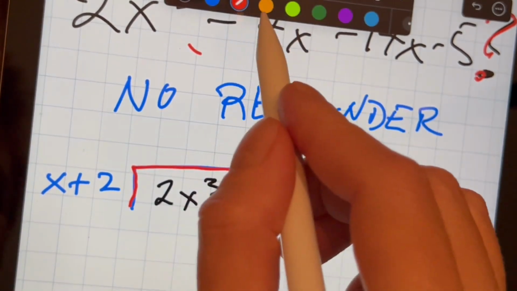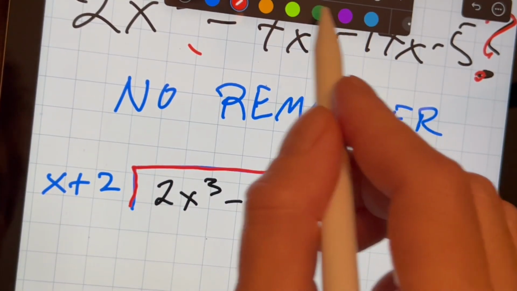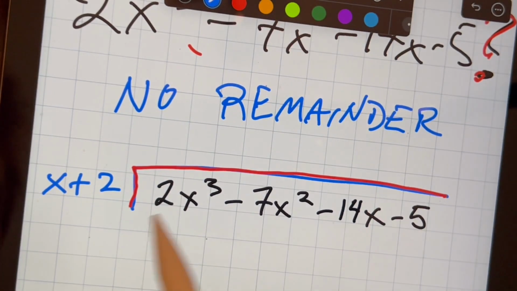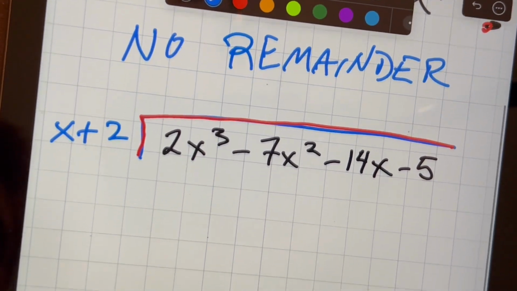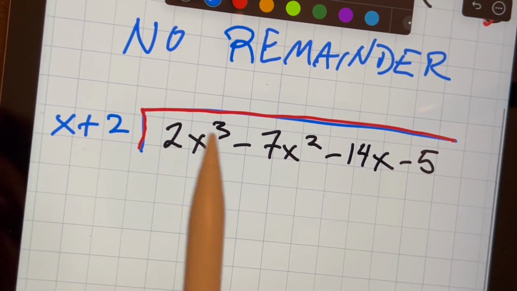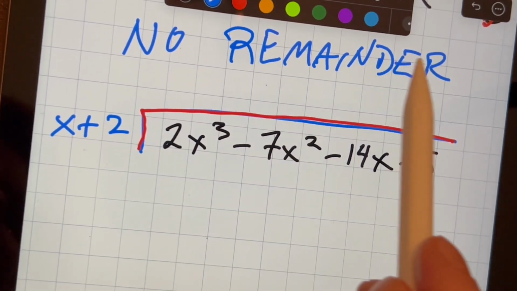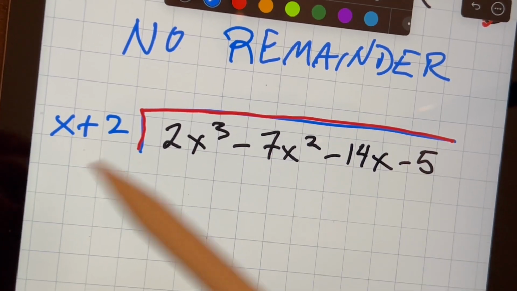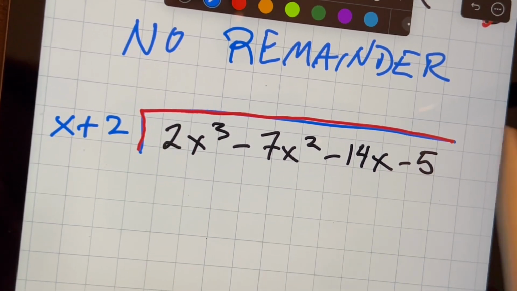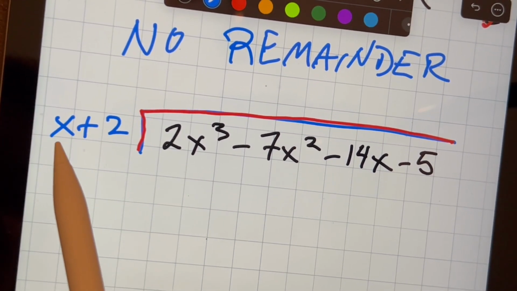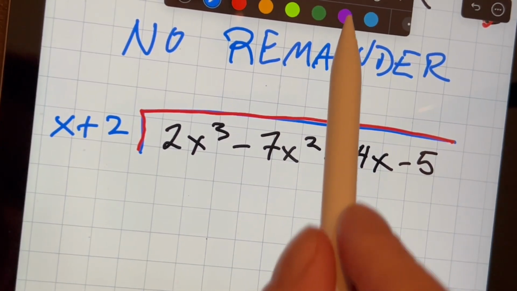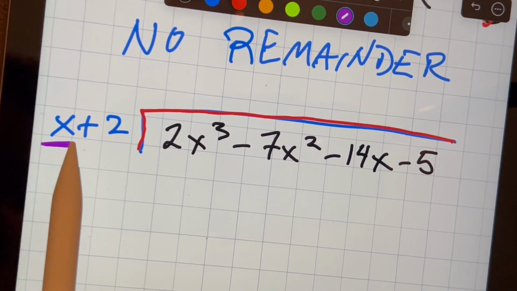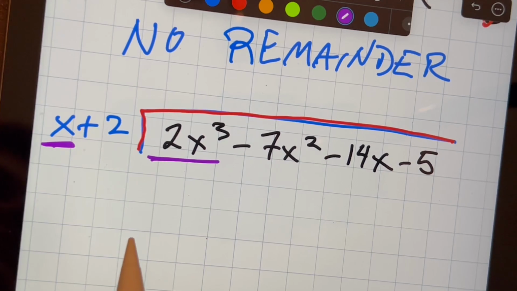So now we just approach it one at a time. It's the exact same as division, but we just have variables. Remember, if we have no remainder, that means it's a factor, but we still have to do the division, even though they didn't ask us for the answer to the division. So what do we multiply x by to get 2x cubed?